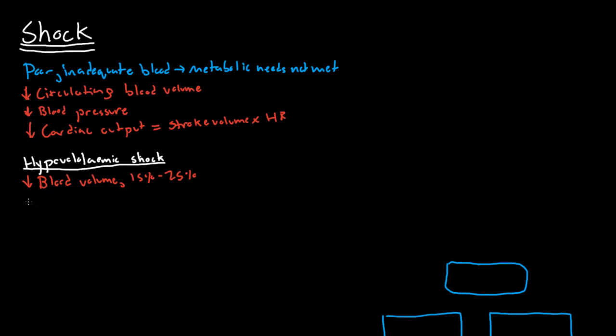And causes of this may include hemorrhage or cuts where whole blood is lost, so loss of blood, as well as extensive burns where the serum of blood is lost.